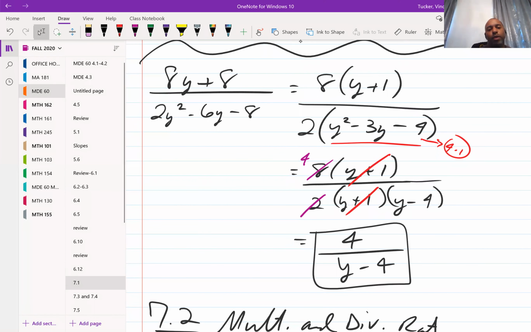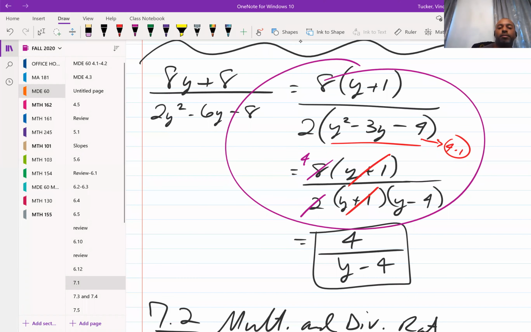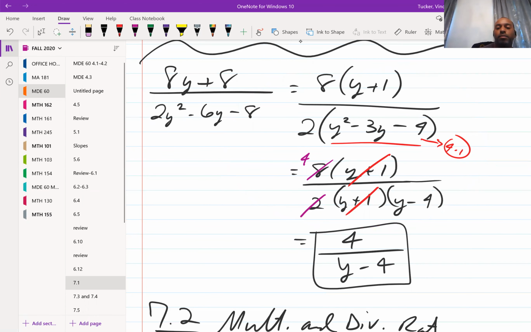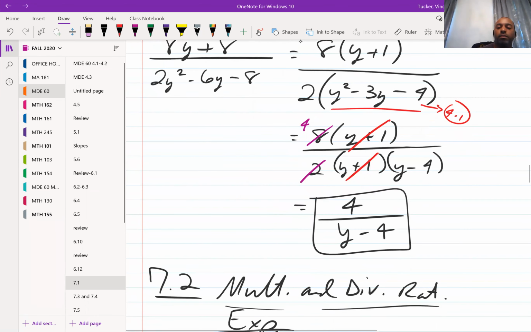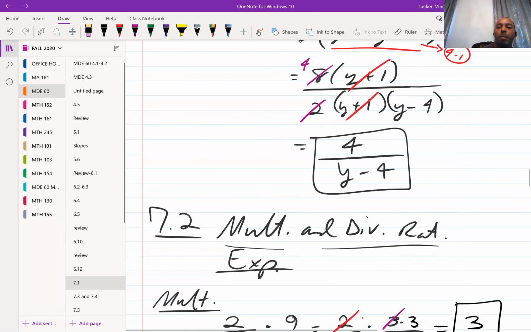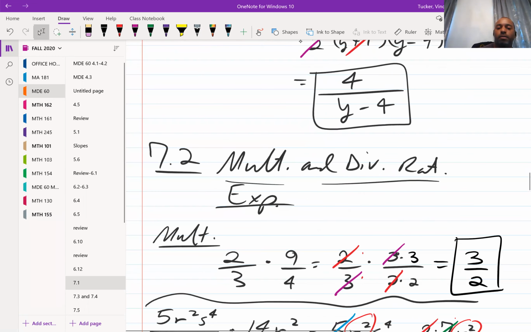Any other questions before we look at 7.2? 7.2 still leans on the same thought process of factoring and simplification. And so that's what all of this is segueing us into. All right.